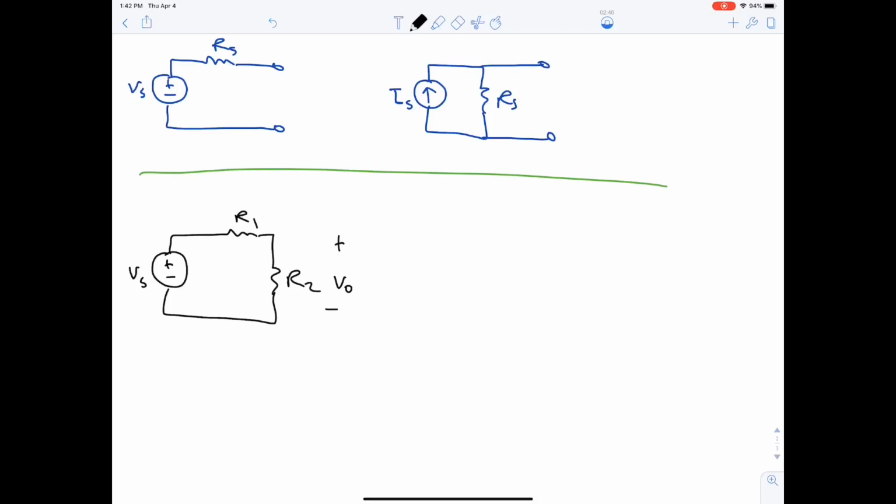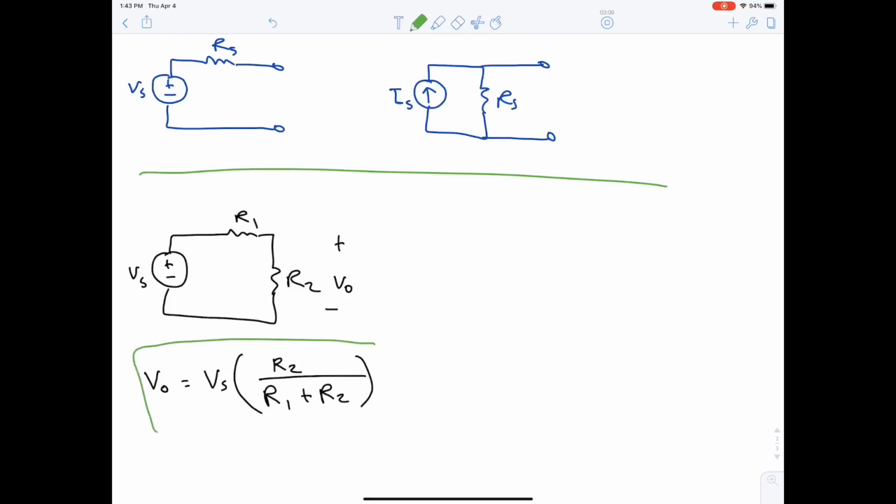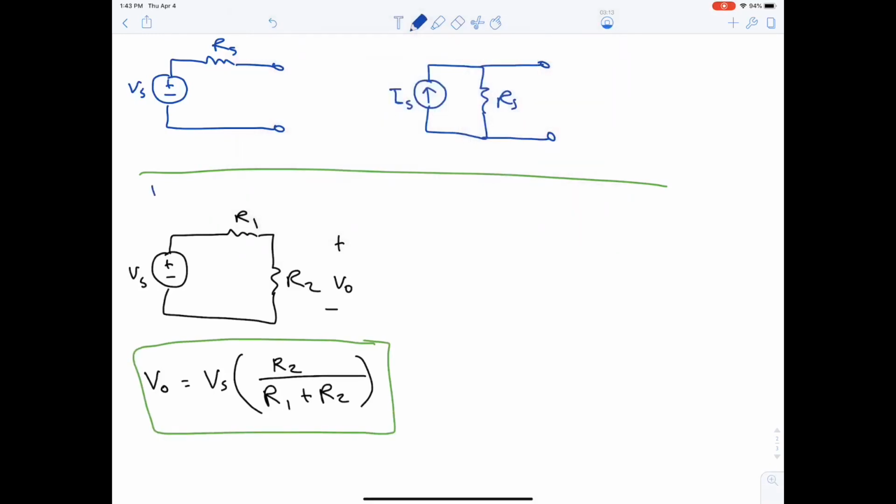Now there are multiple ways to find V output, but the easiest way is through voltage division. V output is equal to the voltage source multiplied by the resistance that I am standing on divided by the total resistance R1 plus R2. That's voltage division. We will call it voltage division.